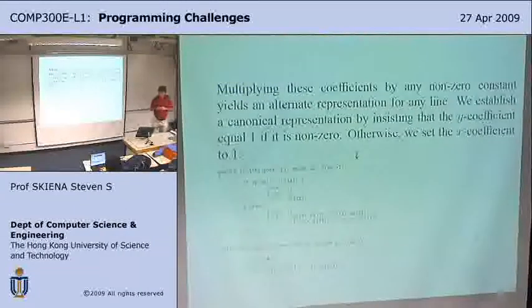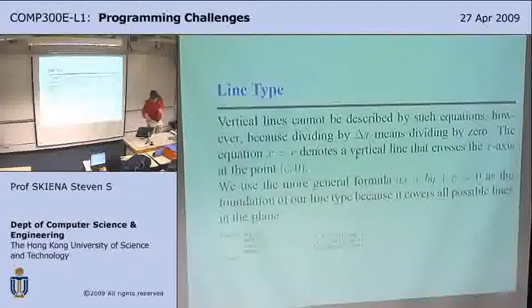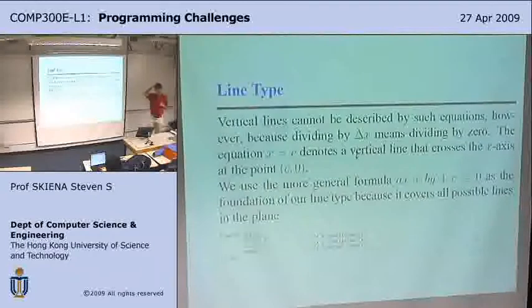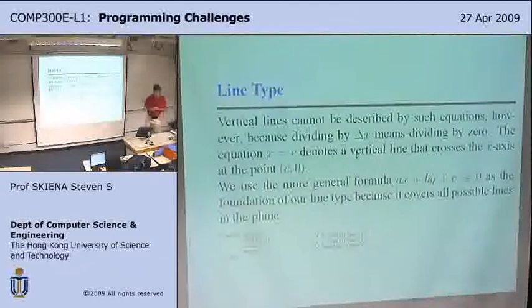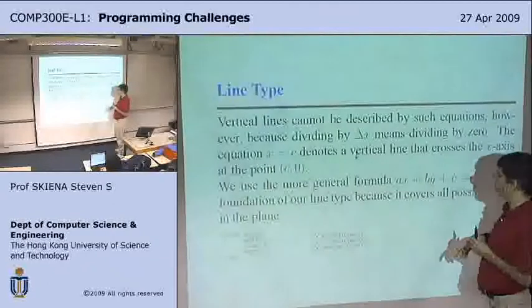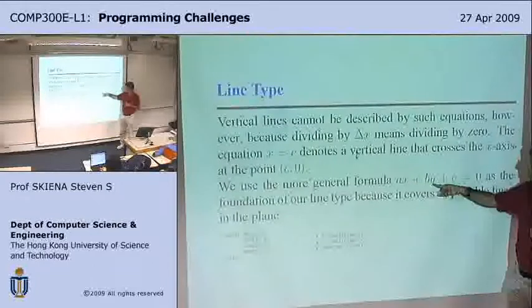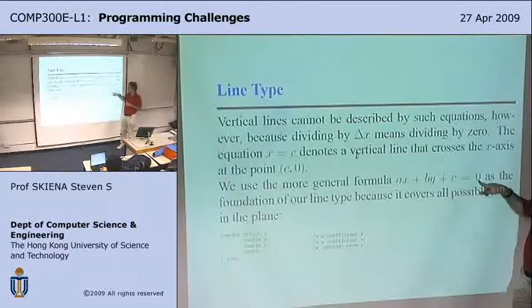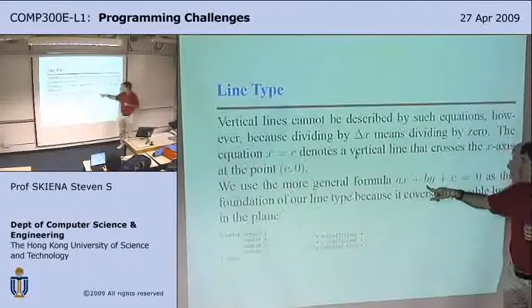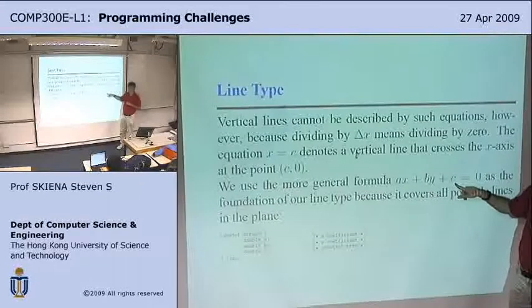Now, one potentially bad thing about this is that a line is not uniquely defined. There is a redundancy here. If I multiply all the coefficients by a constant, if ax plus by plus c equals 0, then 2ax plus 2by plus 2c is also equal to 0.